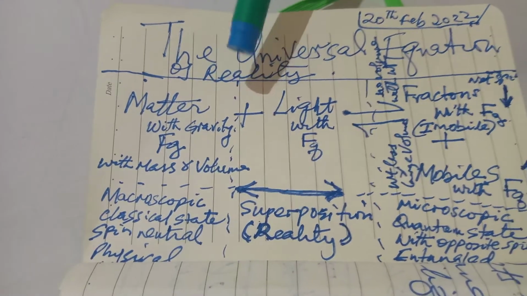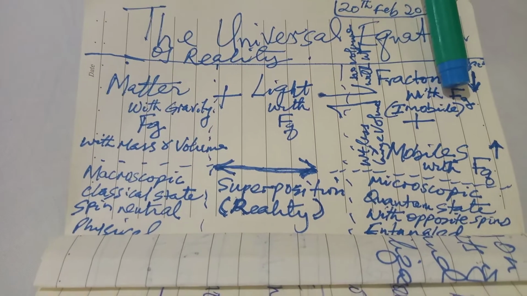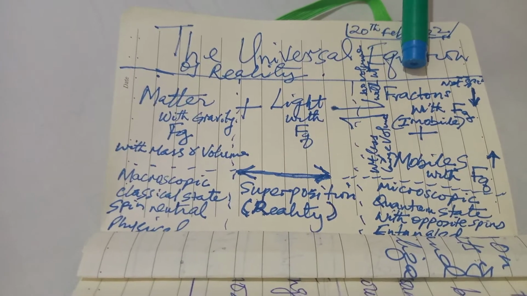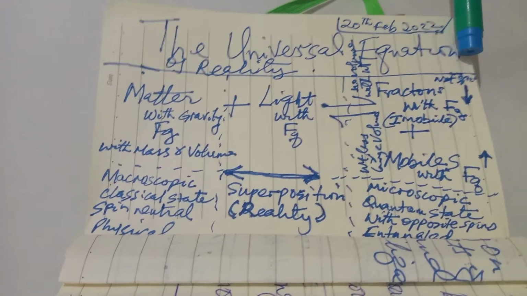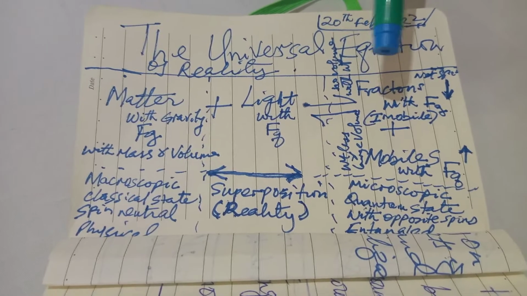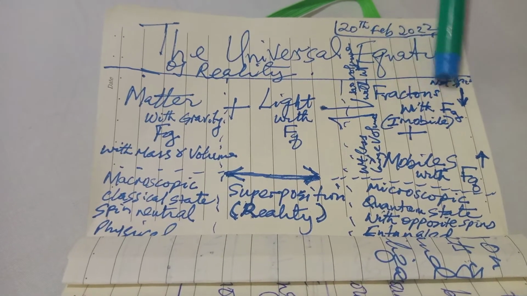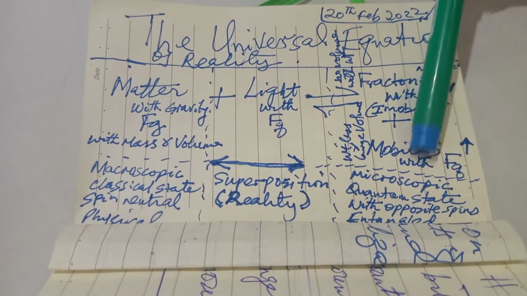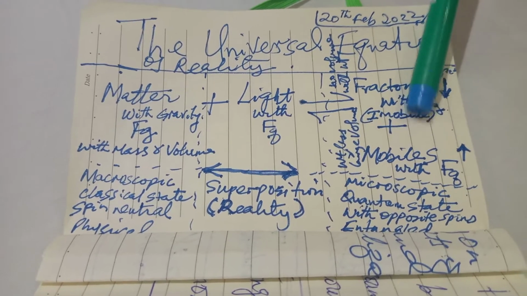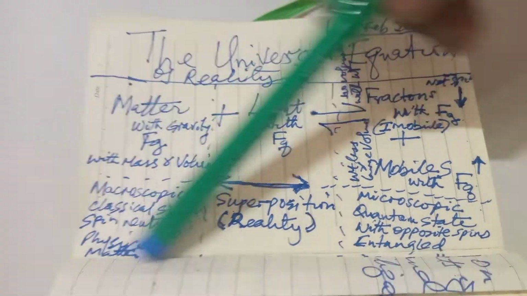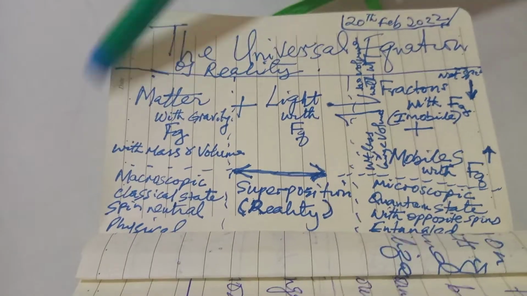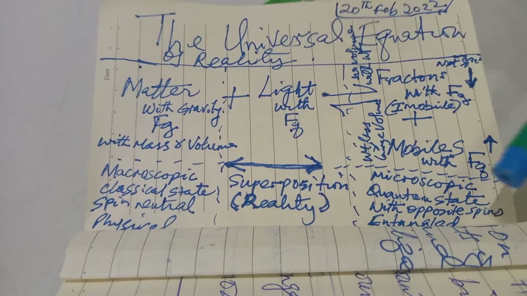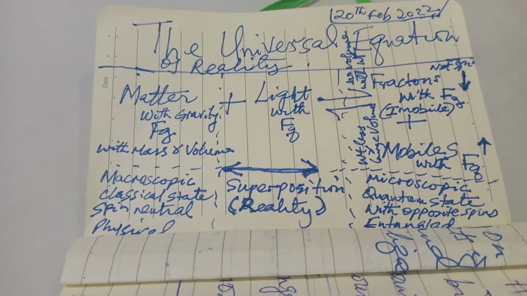And so when matter interacts with this matter in this manner, we get what we call superposition, while when the fractons or the immobile aspect of matter interacts with the mobile phase of matter, this is what we refer to as entanglement. And together, this is what gives us the world that we are trying to understand, its reality. Okay? So this is what is going on.